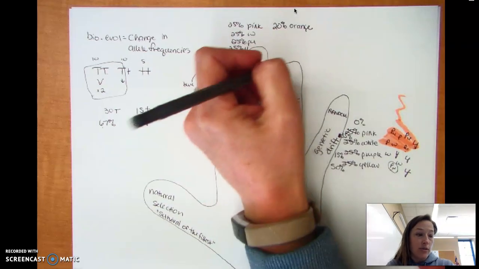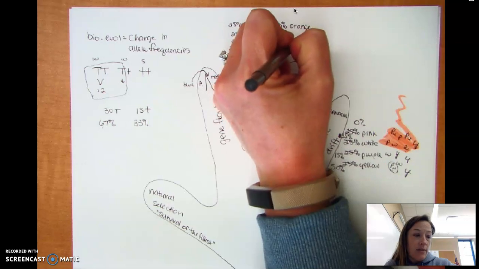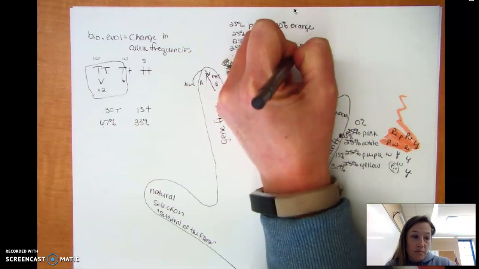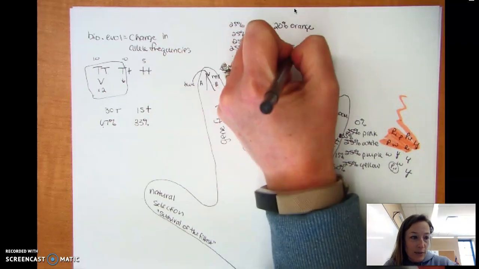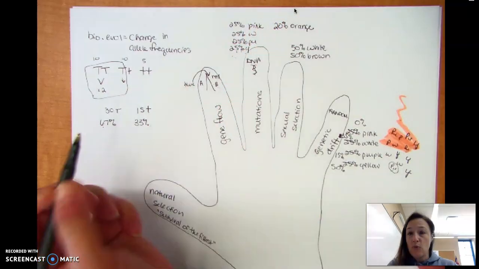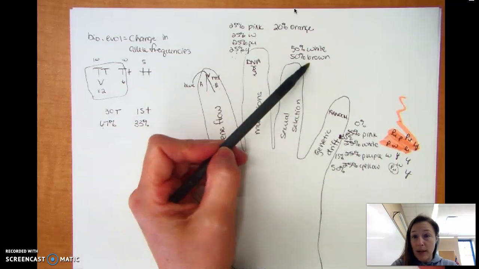Okay, so that's sexual selection, and the way that it can increase it is, let's say that we have 50% white bears, foxes, and 50% brown. But for whatever reason, the ladies like the white ones or the ladies like the brown ones, whichever.